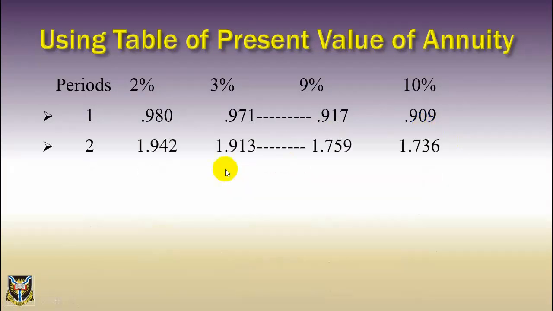Period 2: 1.942 at 2%, 1.913 at 3%, 1.759 at 9%, 1.736 at 10%.